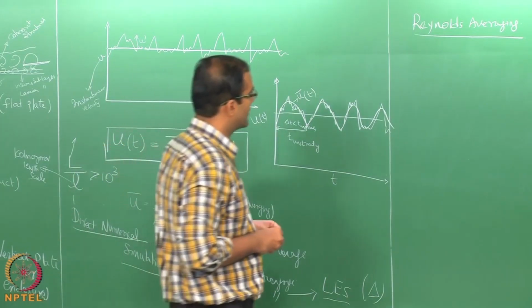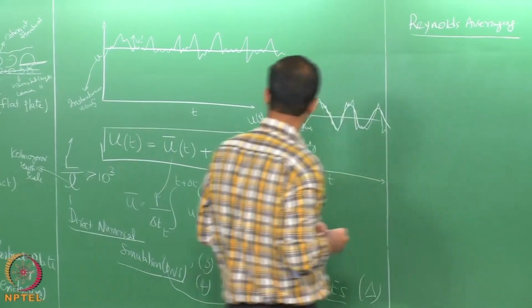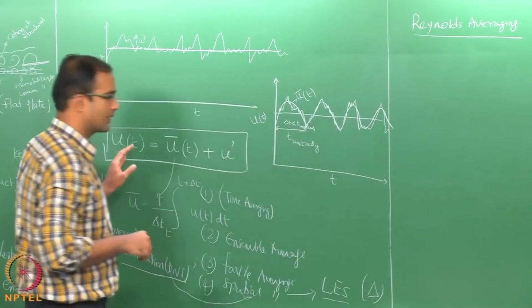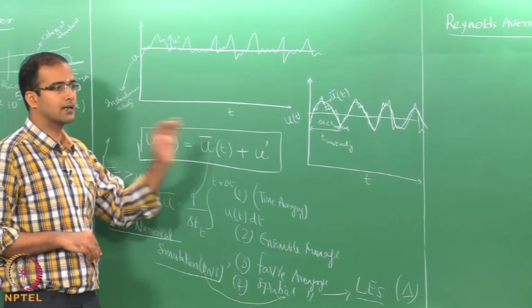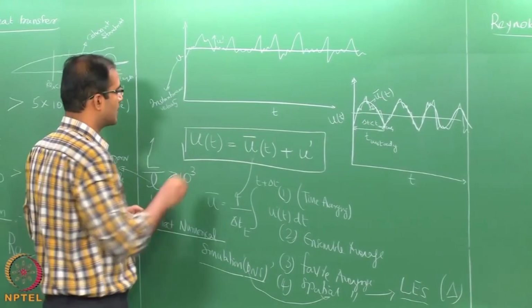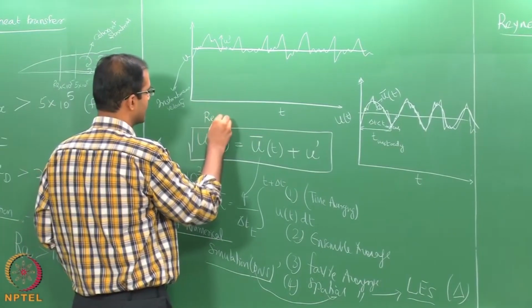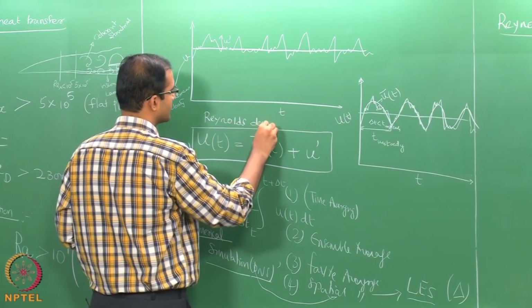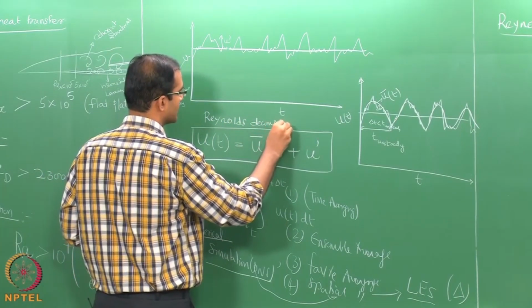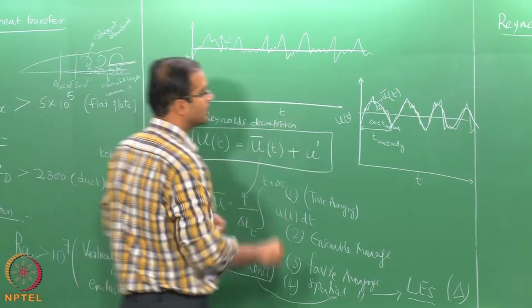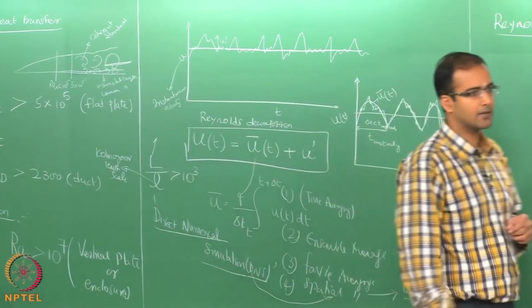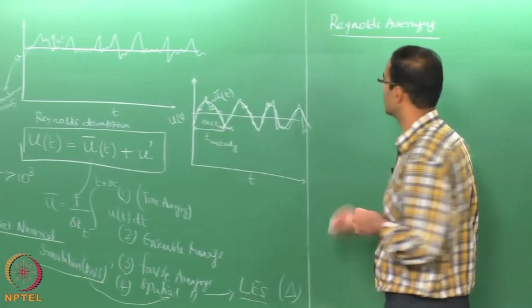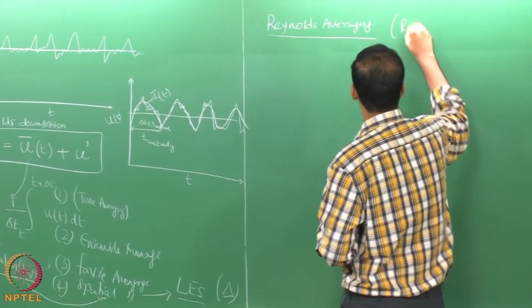Now, Reynolds averaging assumes first that you decompose your instantaneous velocity into the mean and fluctuating velocity. This is called Reynolds decomposition. This is the starting point of deriving the Reynolds averaged Navier-Stokes equation, which is also popularly referred to as the RANS equations.